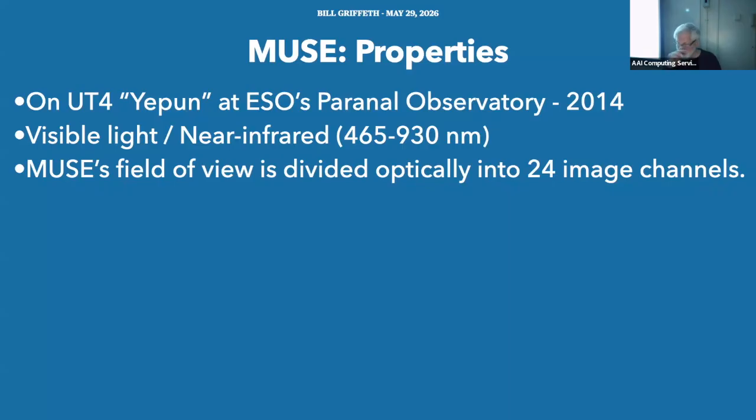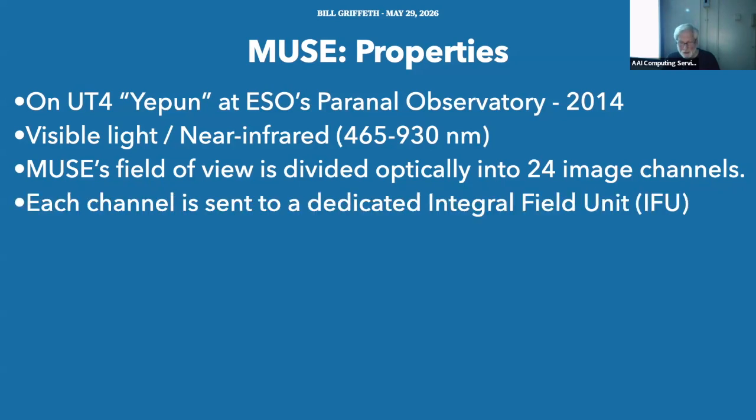We've only talked about the second level, but MUSE adds a first level to get even more information in one image. So MUSE's field of view is divided into 24 image channels, and each channel has an integral field unit, as they're called in the literature, arranged in 4 rows of 6.